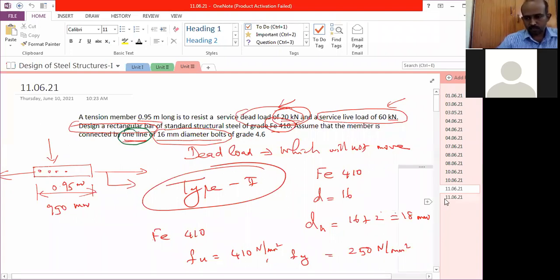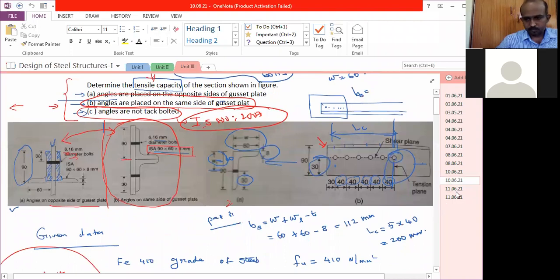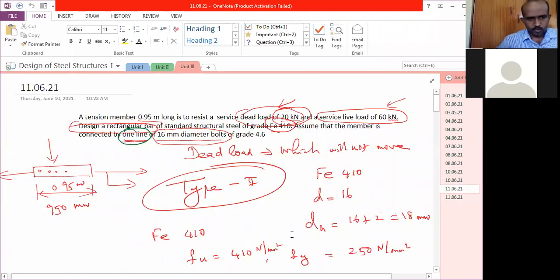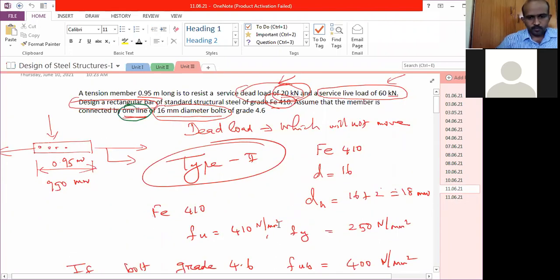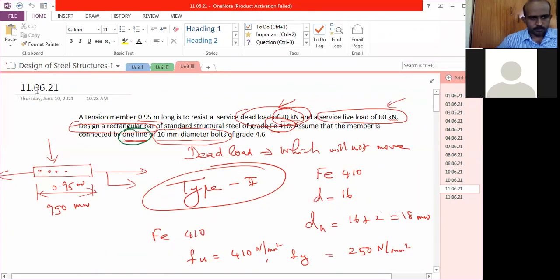So last class, what we discussed: these problems, right? This problem we started to discuss in the last class. What is this problem? The problem deals with design of tension member.